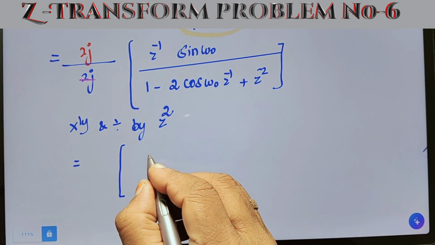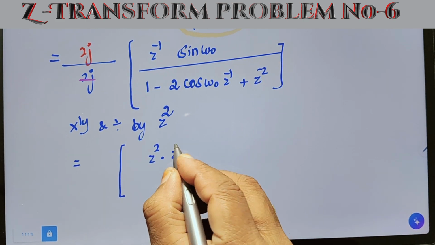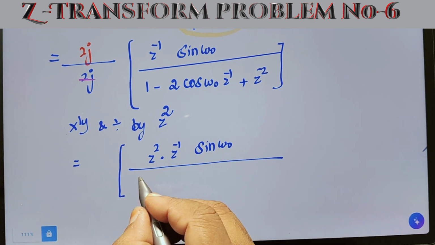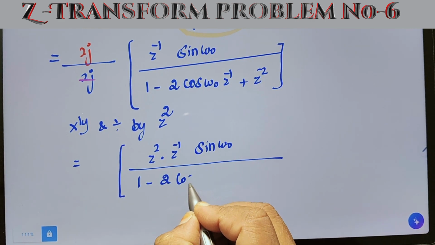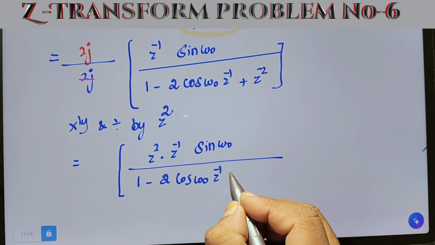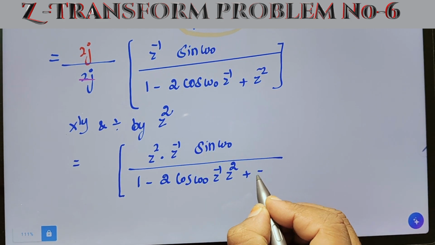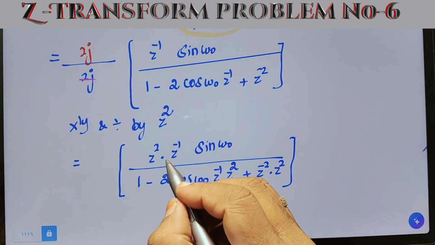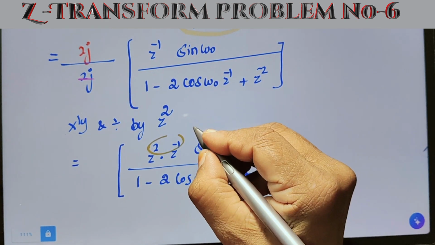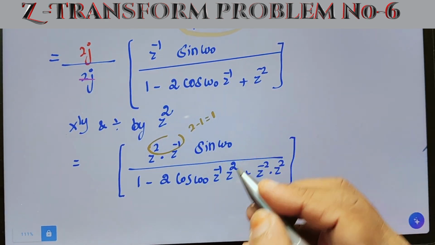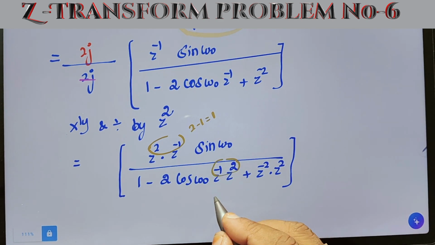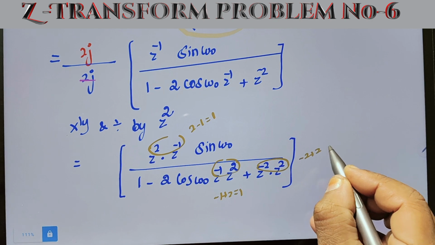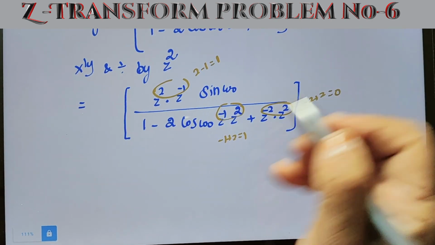For the numerator, z square dot z inverse, so sine omega naught the whole divided by 1 minus 2 into cos omega naught z inverse, so z square plus z power minus 2 dot z square. We add the powers: 2 minus 1 equal to 1, here also add the power, minus 1 plus 2 equal to 1, and minus 2 plus 2 equal to 0.